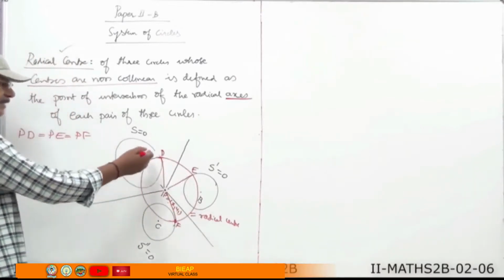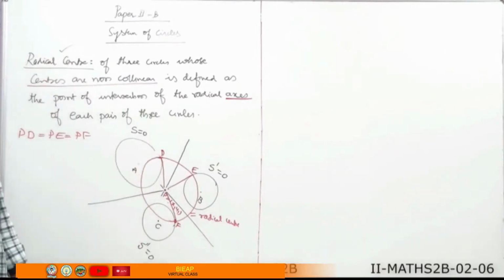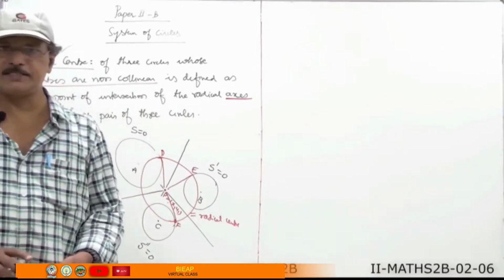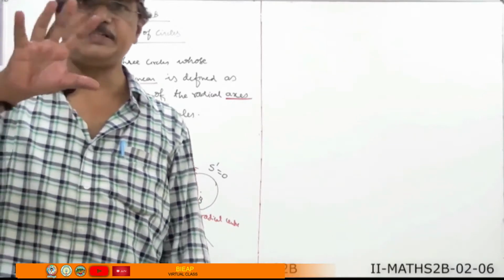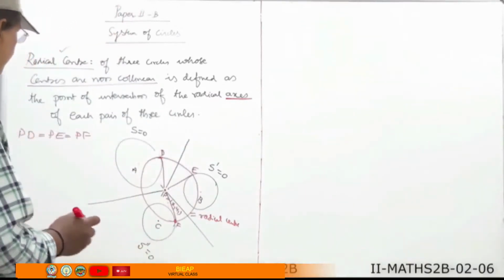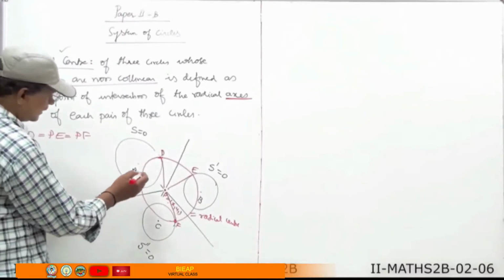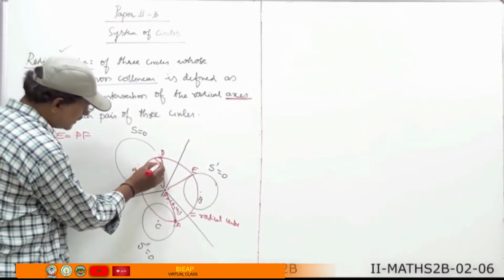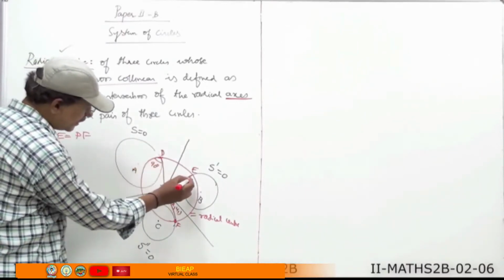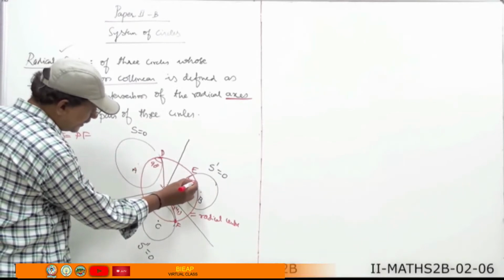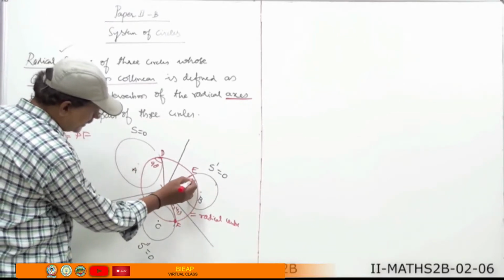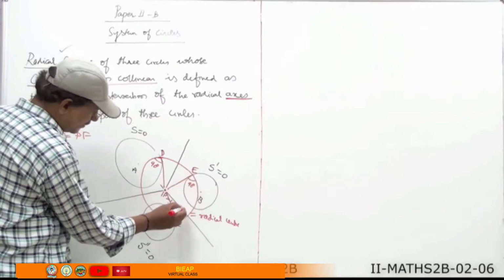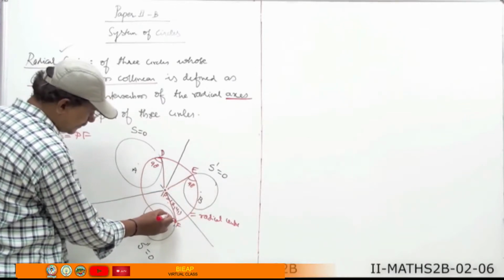Now we concentrate on this fourth circle. The main property of the fourth circle is it cuts the given three circles orthogonally. That means if you find the angle between the fourth circle and the first circle, this is 90. Similarly, the angle between the fourth one and the second circle is 90. Similarly, it is also 90 degrees.